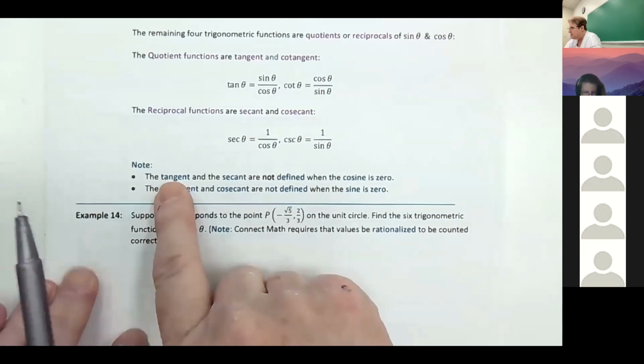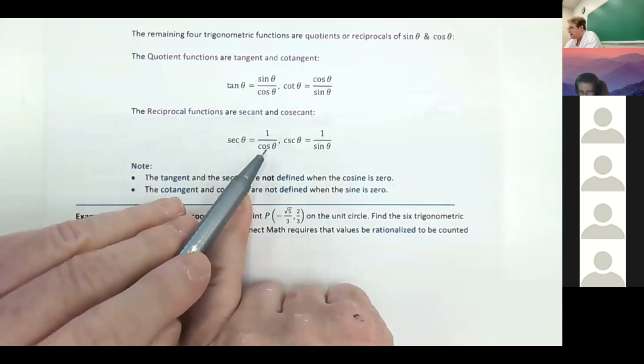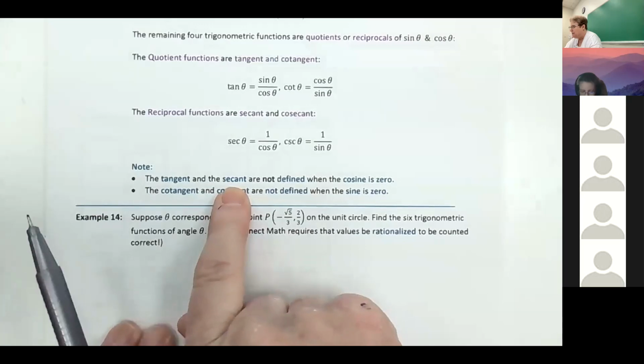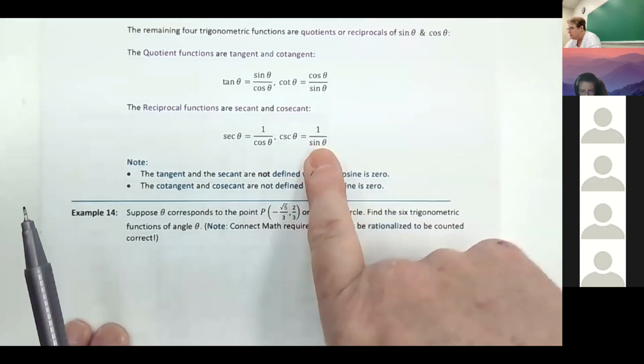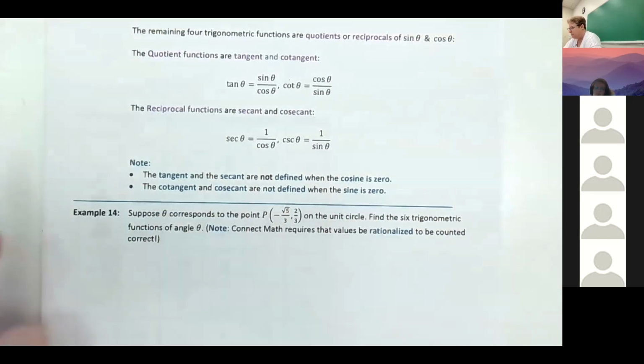That means that tangent and secant both have cosine in the denominator. So if cosine is 0, the tangent and the secant won't be defined. And if the sine is 0, the cotangent and the cosecant won't be defined.